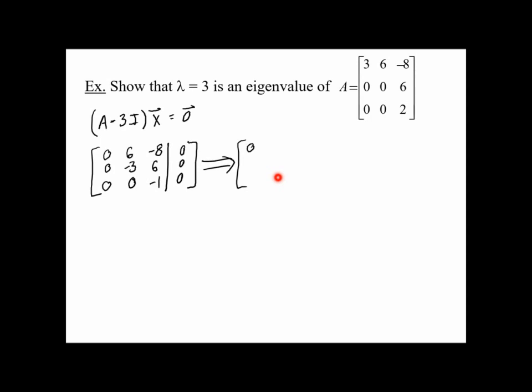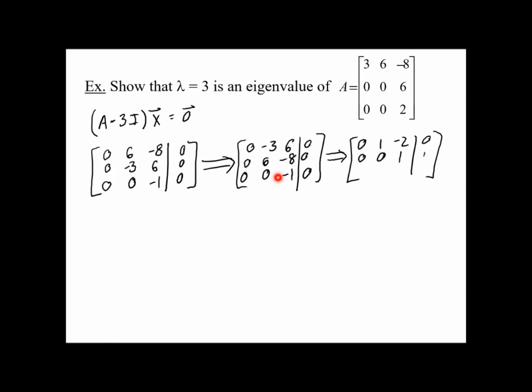So 0, negative 3, 6, 0, then 0, 6, negative 8, 0, then 0, 0, negative 1, 0. I'm going to divide the top row by negative 3, so we get 0, 1, negative 2, 0. I'm going to switch the second and third rows, and also multiply by negative 1.